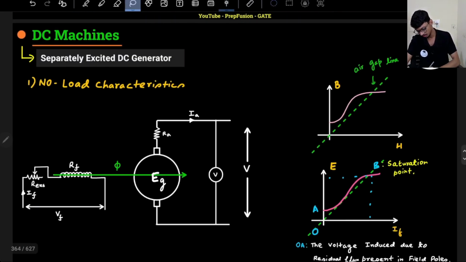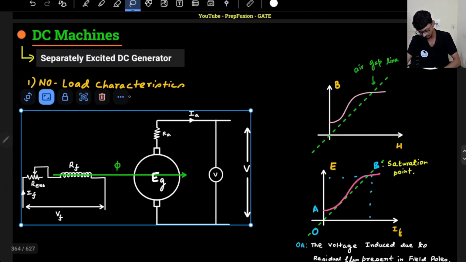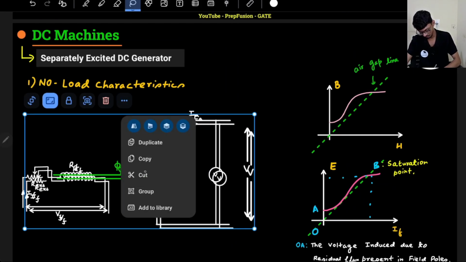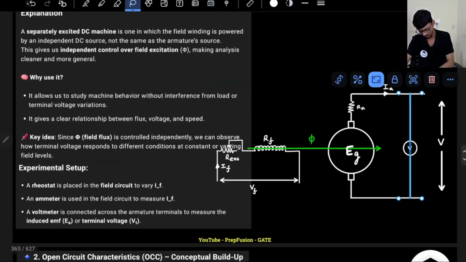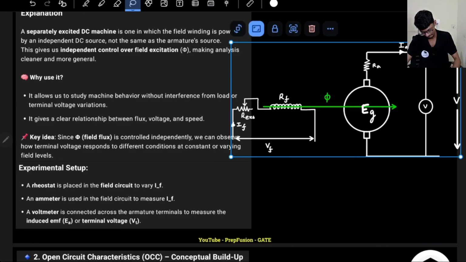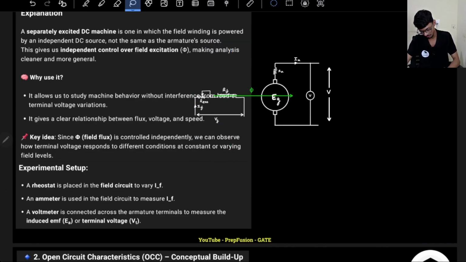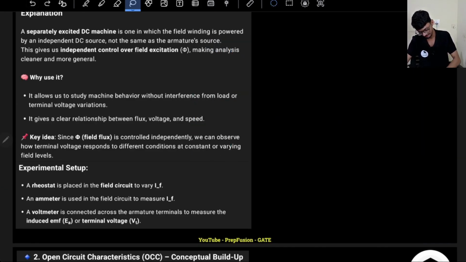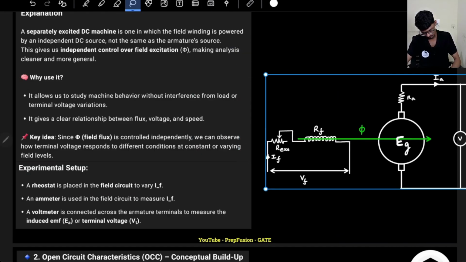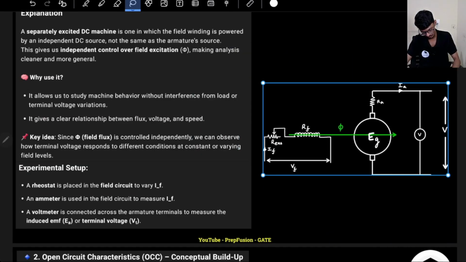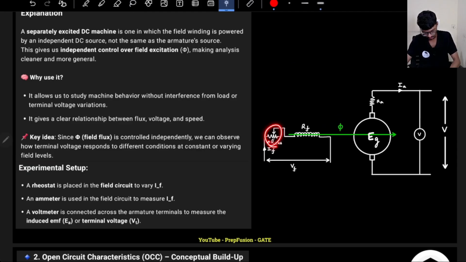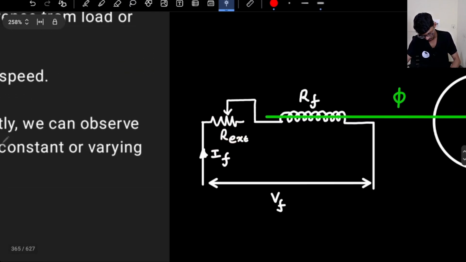If I just take this diagram here, I have the rheostat, here I have a voltmeter, okay, where is the ammeter? The ammeter also should be placed here, right?